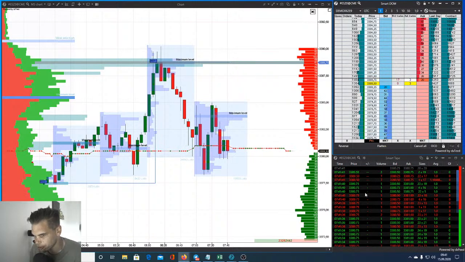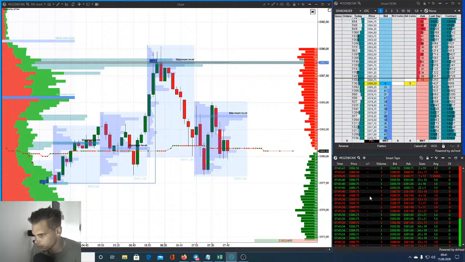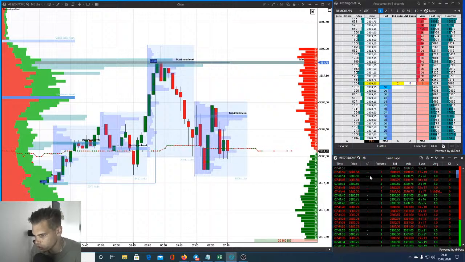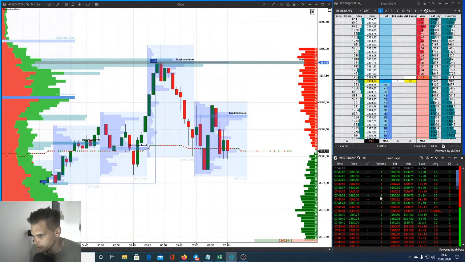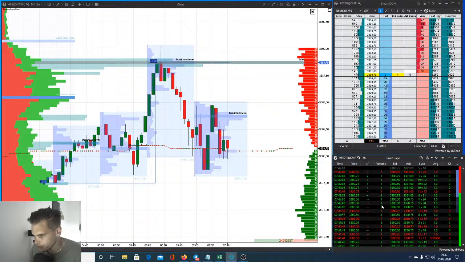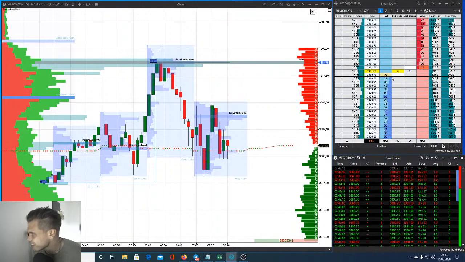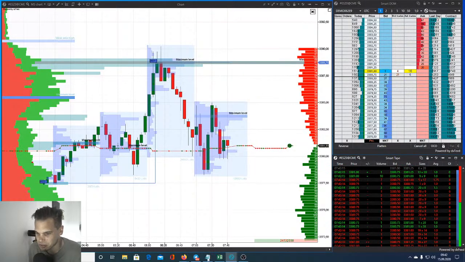Usually you cannot even follow it because there are so many orders and it's so quick, and there's a freeze function here to freeze the smart tape and check all the orders, but I don't even need to freeze it because it's so slow and the liquidity is so thin. Incredible, man. Look at this. It's not even moving. Even the bid and ask trades, the aggressive buyers and sellers, are doing nothing at all. There's nothing going on, guys. It's really boring.